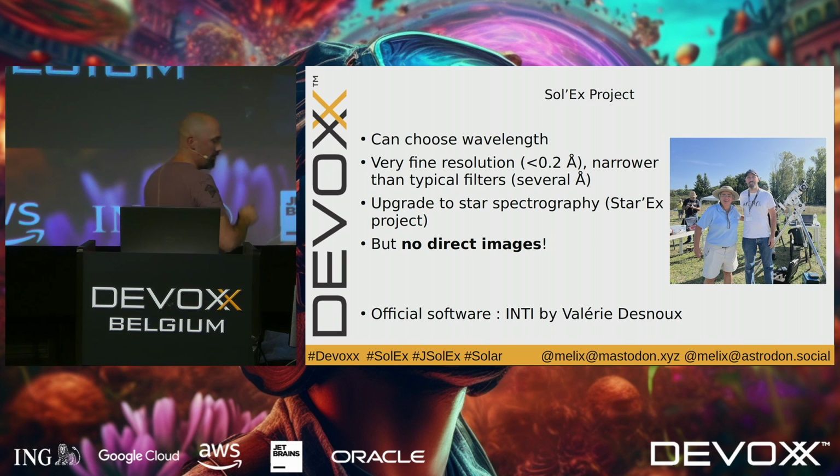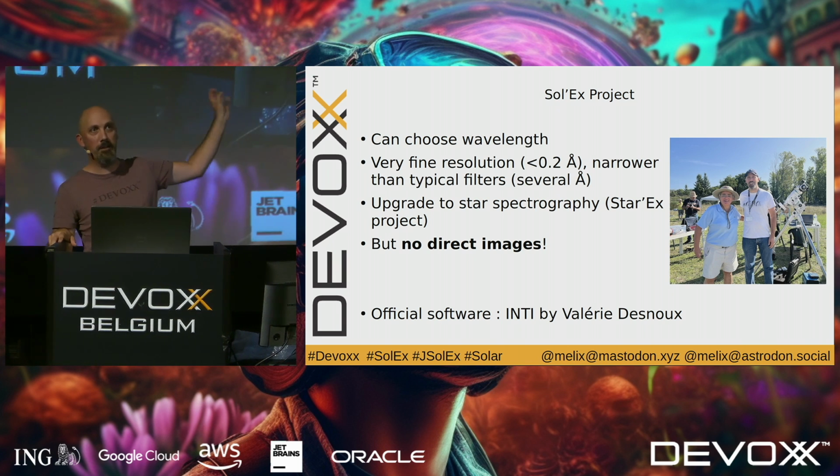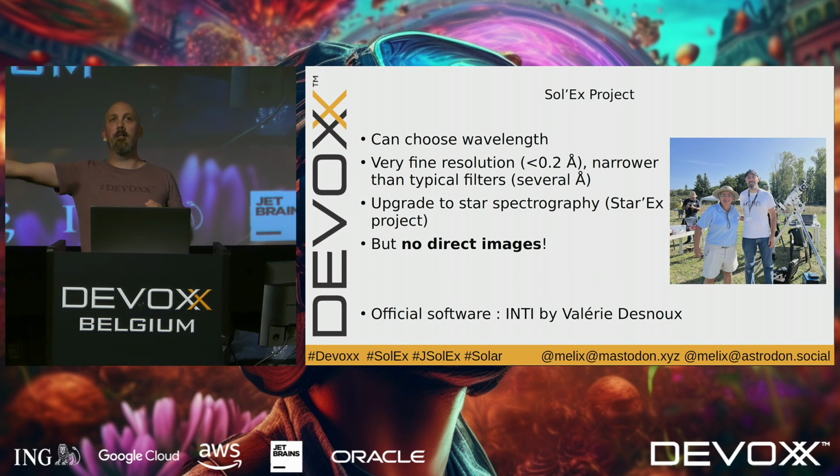The second thing which is interesting to mention is that you are again doing real science, and that science is called spectrography. You can evolve this device from something which would look at the sun to something which would look at the stars. So you can buy an upgrade kit, and when you do that, you're basically doing some spectrography of the stars, and that would let you do at home something like figuring out what is the composition of the star that you're looking at.